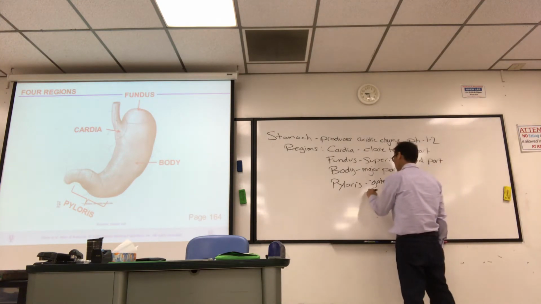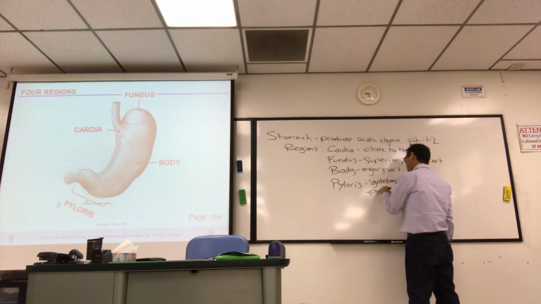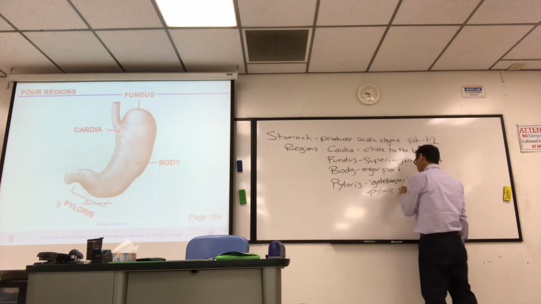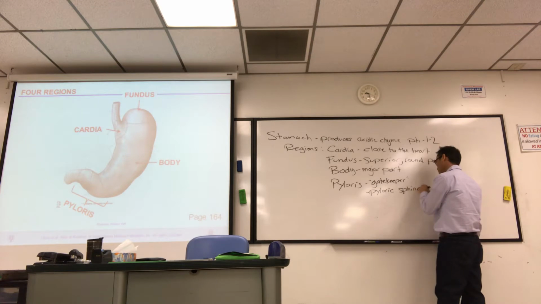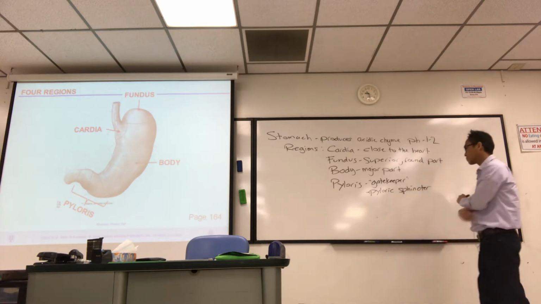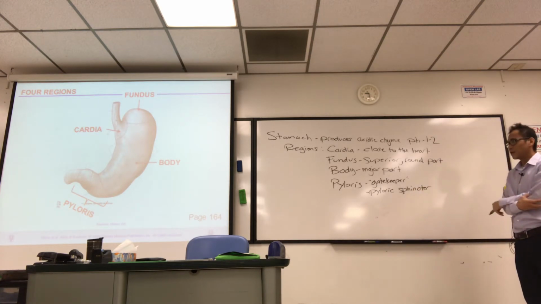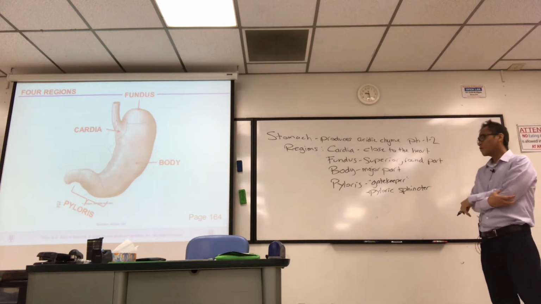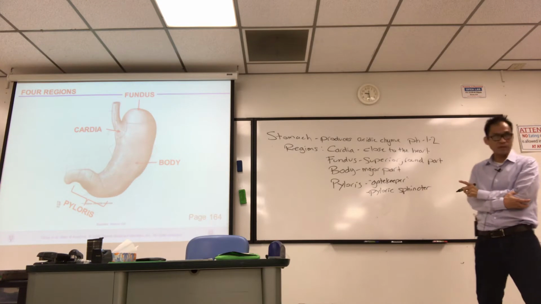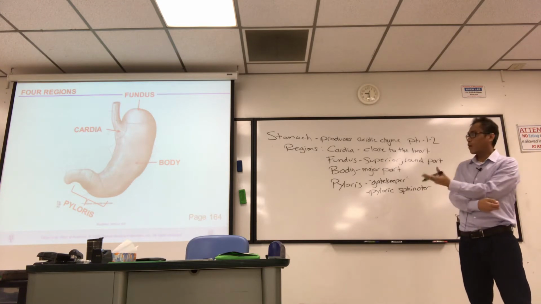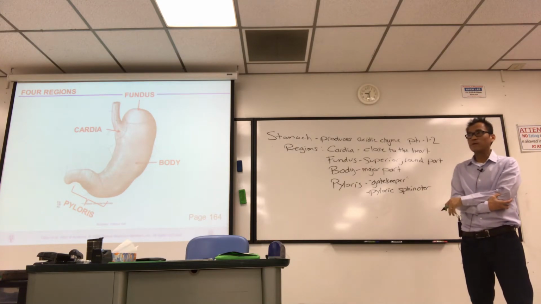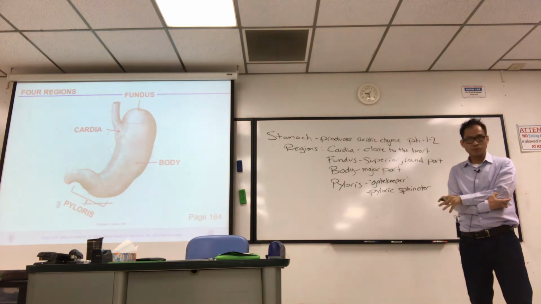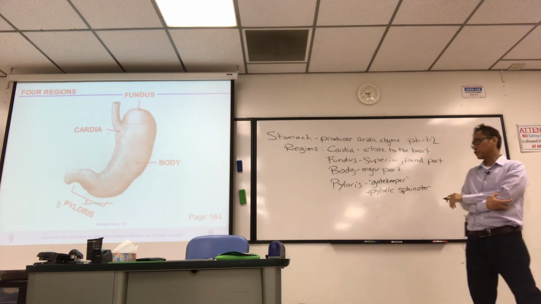We'll be able to identify the pyloric sphincter, which is the literal gatekeeper of this region. Okay. Another thing functionally about this region is, as we'll see, throughout all the regions of the stomach, you have these gastric glands that help contribute to the acidic chyme, the gastric juices.